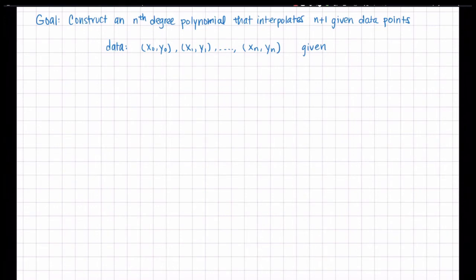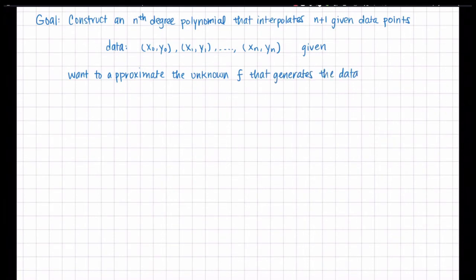And from that given data, we want to approximate the unknown function f that generates the data. So that means f of xi are the output values yi.